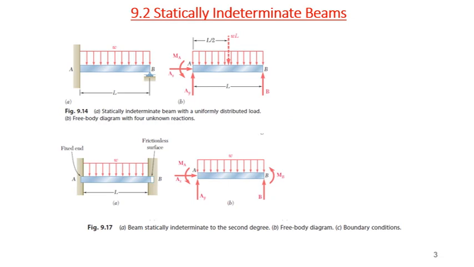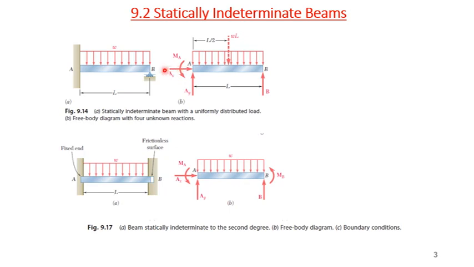For example, if you look at this figure, we have a cantilever beam with a fixed end at A and a pin joint at B. If we draw a free body diagram for this section, we have the AY reaction, moment at A, reaction at B, and AX as well. But AX will be 0.